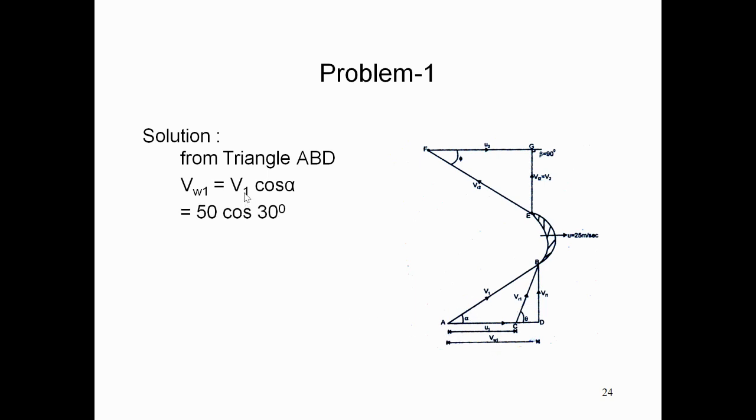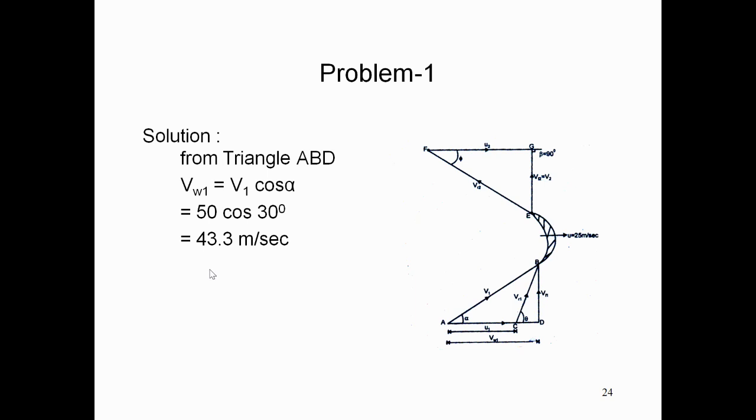We know the value of V1 is 50 and alpha is 30 degrees, so 50 cos 30 gives 43.3 meters per second. That is the value of VW1.